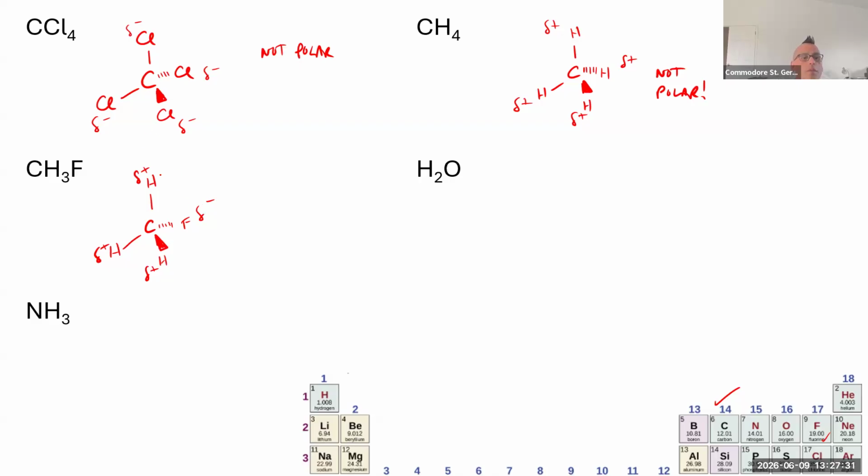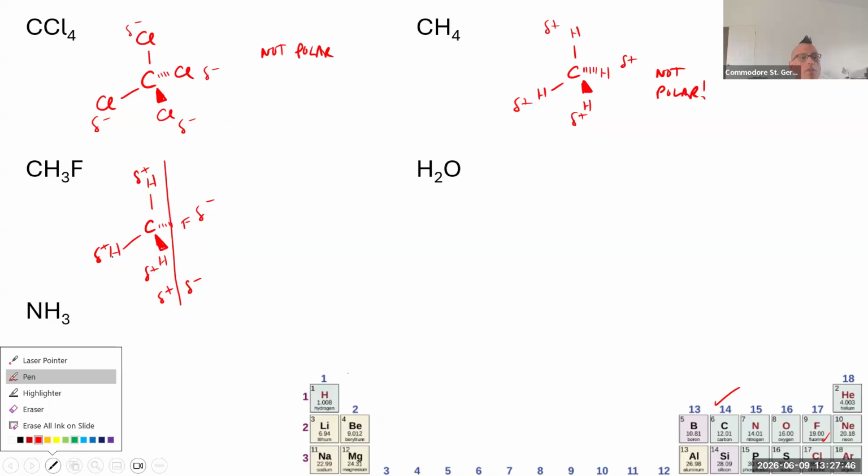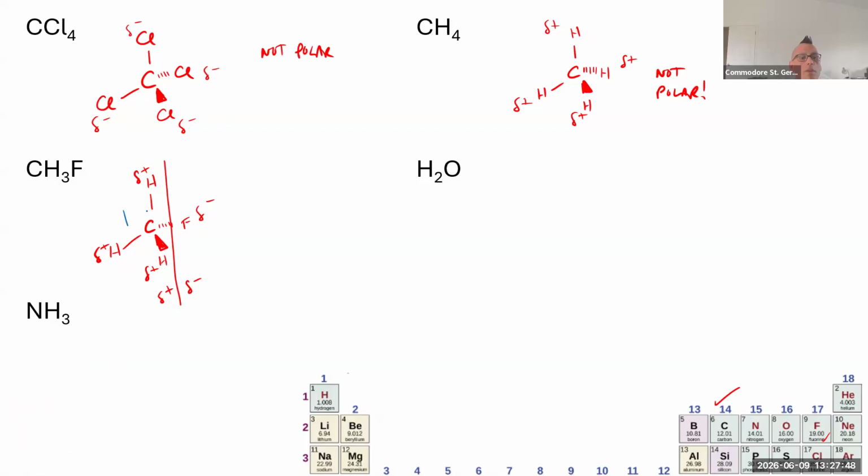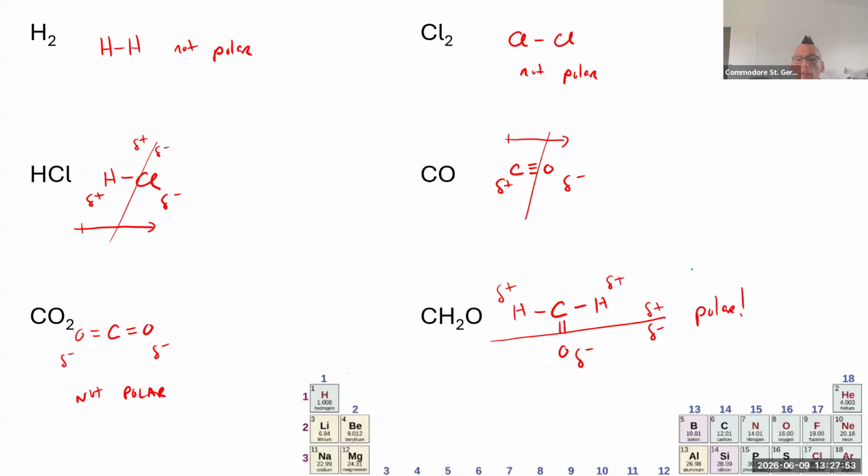But if you look here, we can draw a line that separates the fluorine atoms from the rest of the atoms. And that's going to be the partially negative side. This is the partially positive side. So the overall dipole moment, maybe I forgot to draw those over there, but it's going to look something like this, going all toward fluorine. This one is polar also. The dipole moment is here.